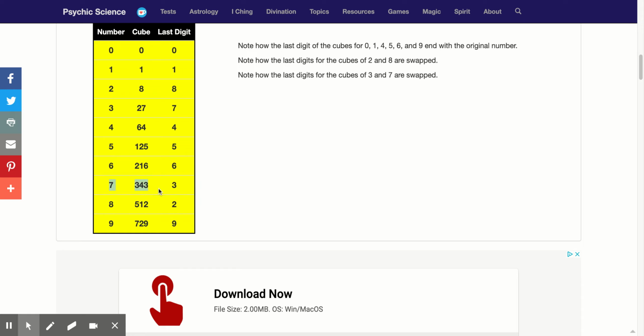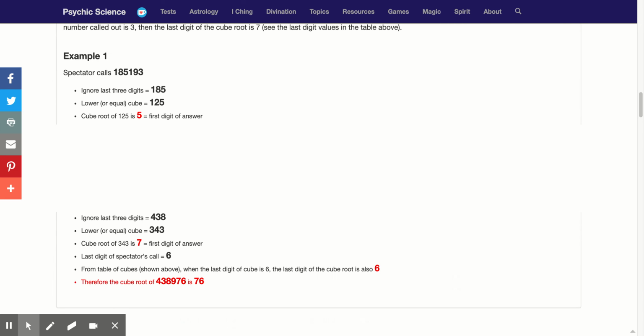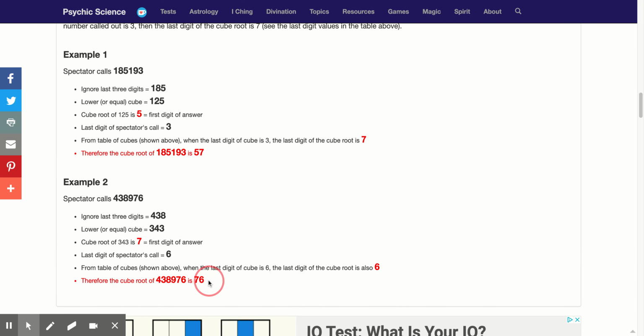That's below 438. 8 cubed is 512. That, unfortunately, is above 438. Okay? So my tens digit of my answer is going to be 7. So we got 7 and we got 6, so my answer is 76. The cube root of 438,976 is 76.